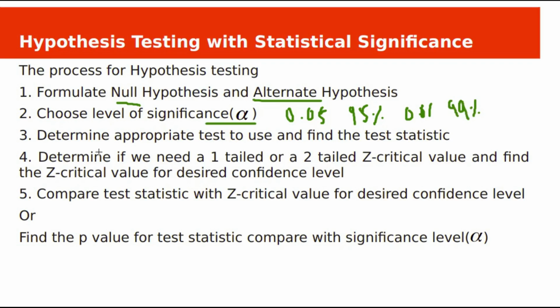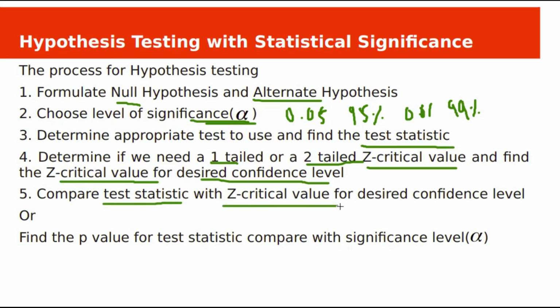Third step is determine appropriate test based on data and probability distribution and calculate test statistic. Fourth step is determine if we need one tail or two tail Z critical value and find the Z critical value for desired confidence level, means for specified alpha. Fifth step is compare test statistic with Z critical value for desired confidence level.